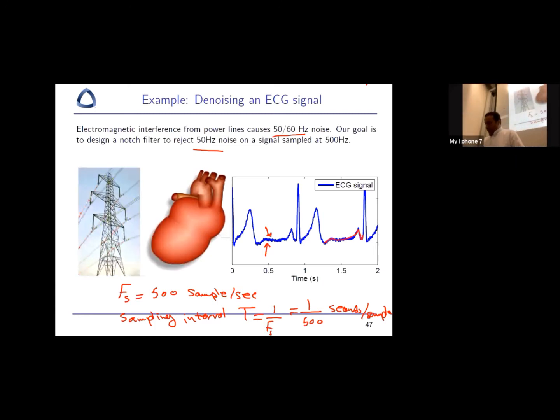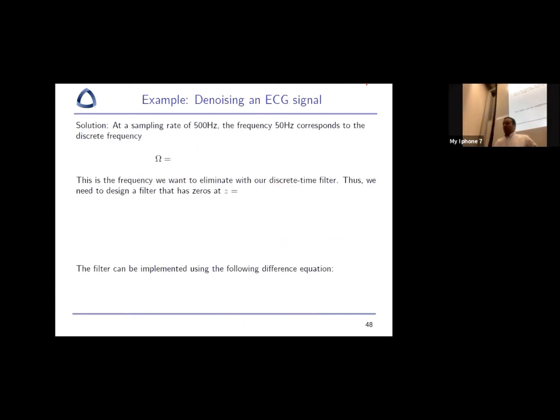All right, so at a sampling rate of 500 hertz, the frequency of 50 hertz corresponds to a discrete frequency of, we use the relation between the digital frequency and analog frequency: capital omega equals omega times T, right? So this frequency in hertz, as radians, equals 2 pi 50 radians per second.